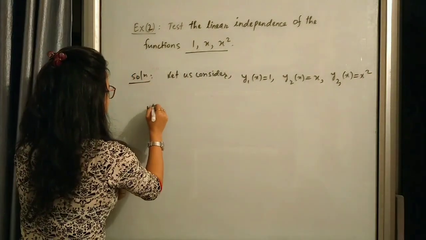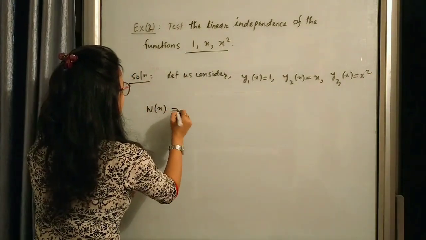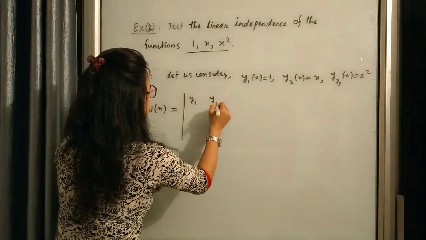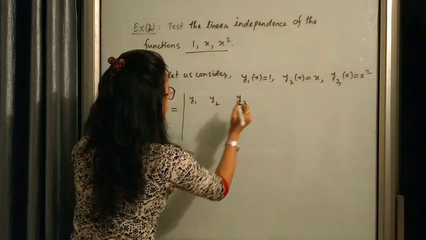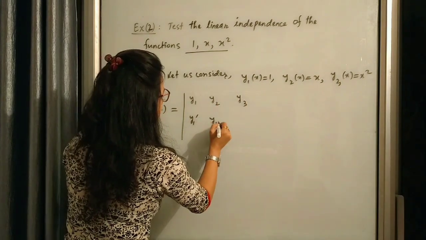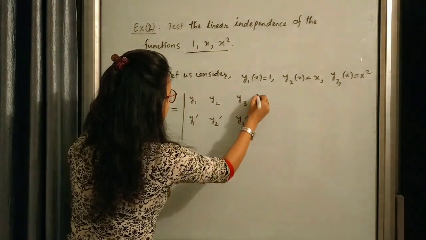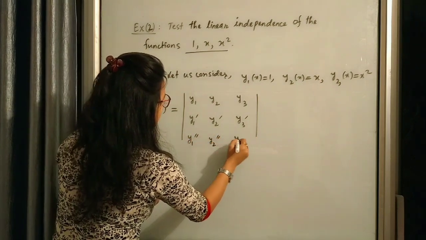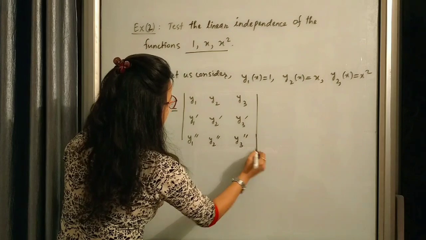So the Wronskian of the functions, as there are three functions, will be y1, y2, y3, y1', y2', y3', y1'', y2'', y3''.